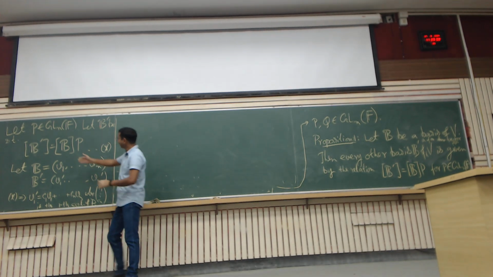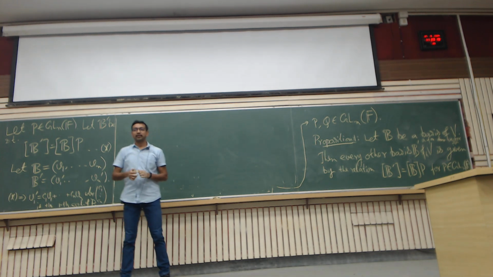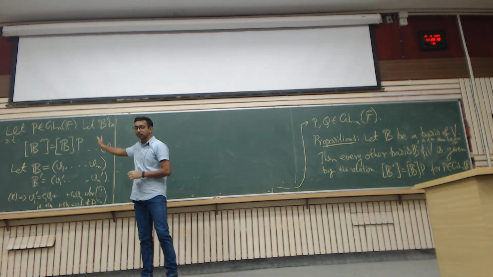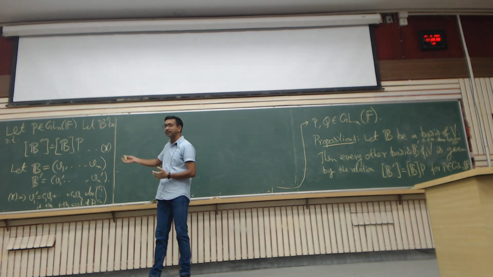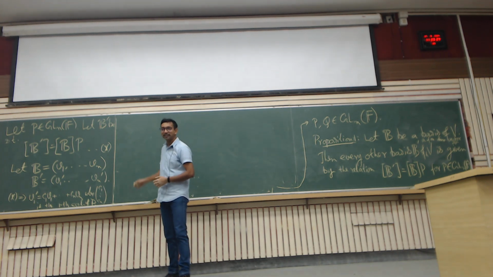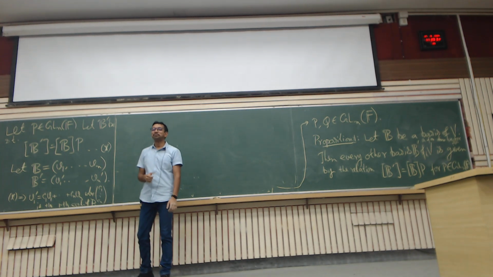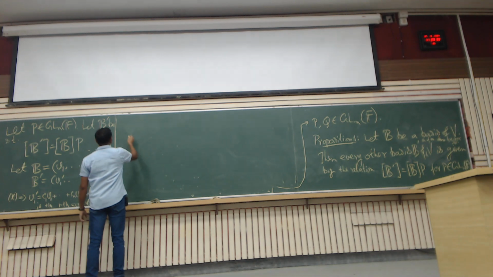How are we getting that this is a spanning set from the invertibility of P? B spans V, we know, because it's a basis. So any vector v is expressible as a linear combination of B. When you multiply by the inverse of P, we are done.